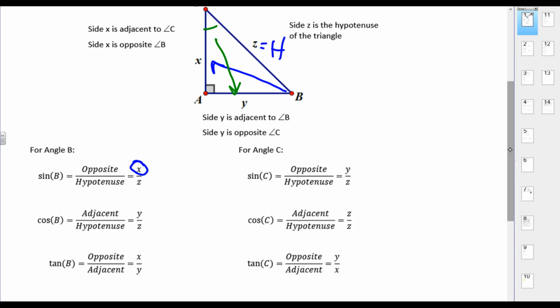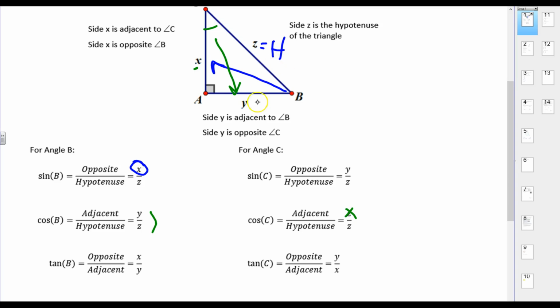Cosine is always equal to adjacent over hypotenuse. So if I'm looking at cosine of angle B, my adjacent is Y, my hypotenuse is Z, so it'd be Y over Z. And the cosine of angle C, on the other hand, my adjacent side is X, so we would do X, there's a typo here, friends, divided by the hypotenuse, which is always Z. And then tangent is opposite over adjacent.